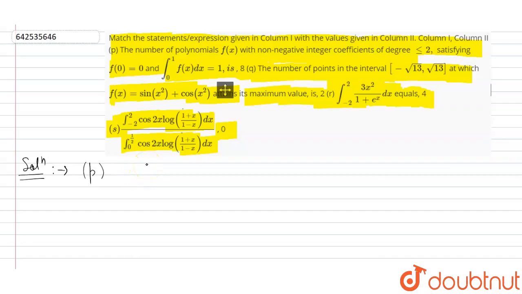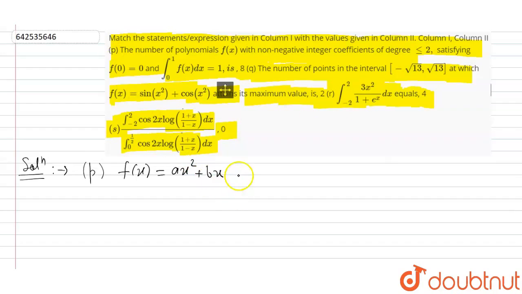So if the degree is less than or equal to 2 and f(0) is equal to 0, let us consider the polynomial as f(x) equal to ax square plus bx, as we know that f(0) is equal to 0, so the constant term would be 0. If degree is equal to 2, then f(x) will be ax square plus bx, and if degree is equal to 1, then in that case a would be equal to 0.